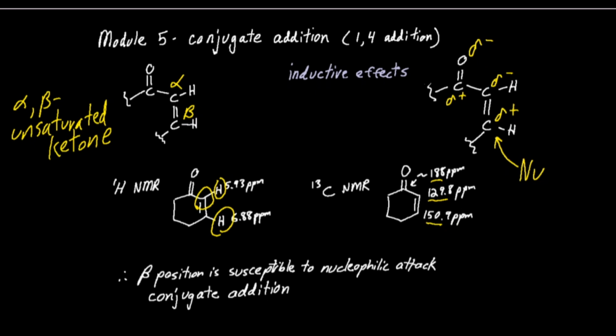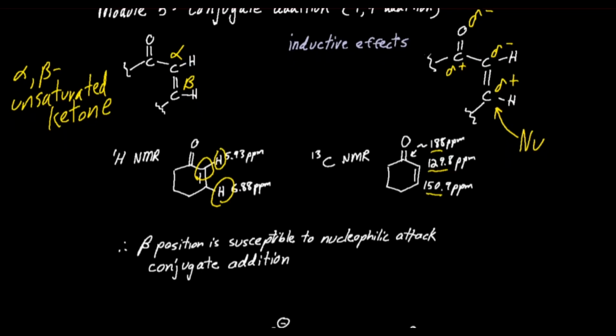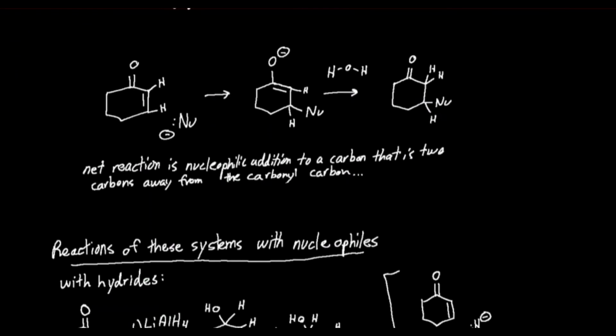So the beta position is subject to nucleophilic attack. We call that conjugate addition. If you have a generic nucleophile coming in like this, forming a bond to the beta carbon, it will displace these electrons up and further displace these electrons up toward the electronegative oxygen. In fact, you have an intermediate that's called an enolate ion, a very important type of ion in organic chemistry.